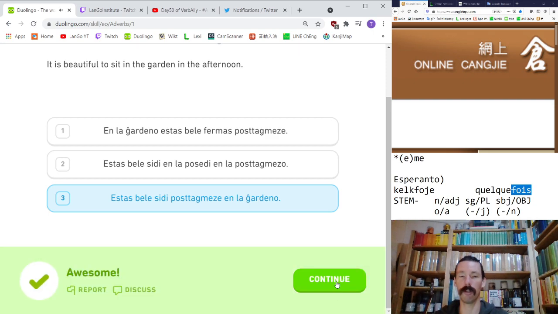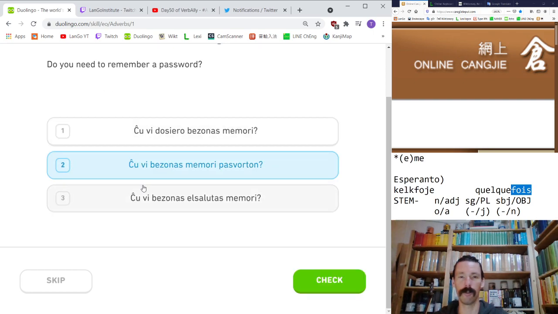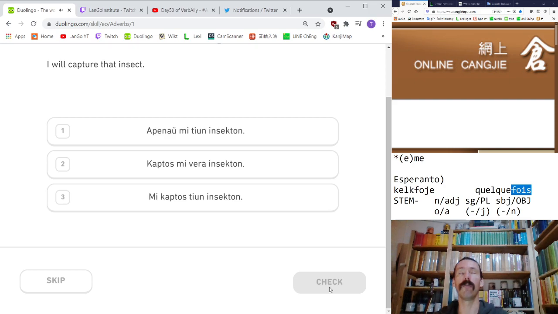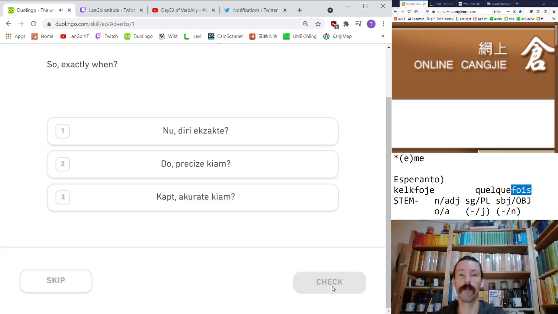Okay. Makes sense? Do you need to remember a password? And do you need, ĉu vi bezonas? This one again from besoin, a French noun, for need of a thing. I will capture, captos rather. Mi captos tion. So exactly when.